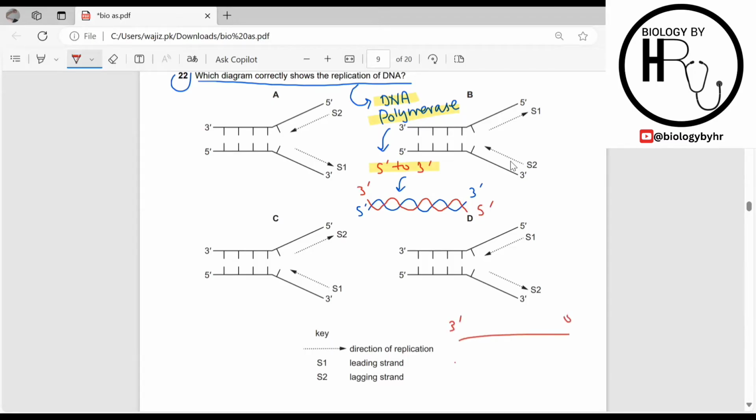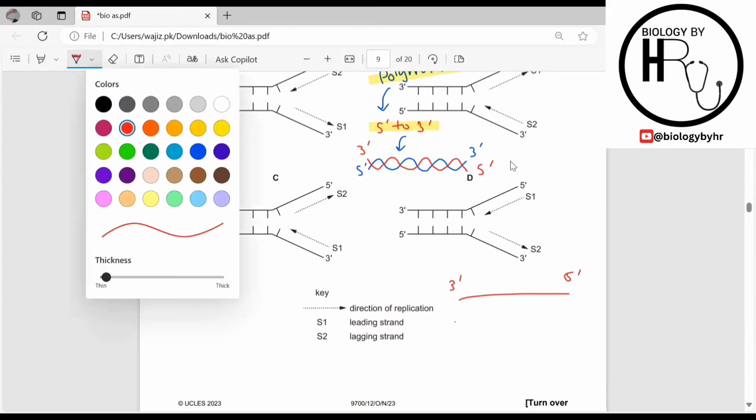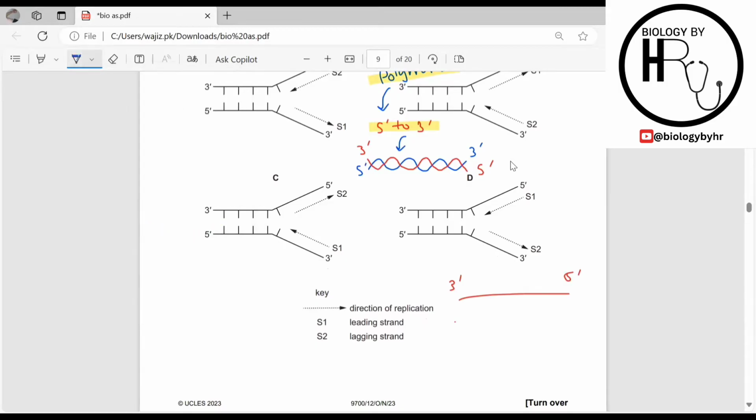Now let me draw this over here so that we can show the semi-conservative replication of the DNA. These are the two strands which I have shown over here. One is the red strand and one is the blue strand from the DNA. Now what is going to happen is that this is the old strand.